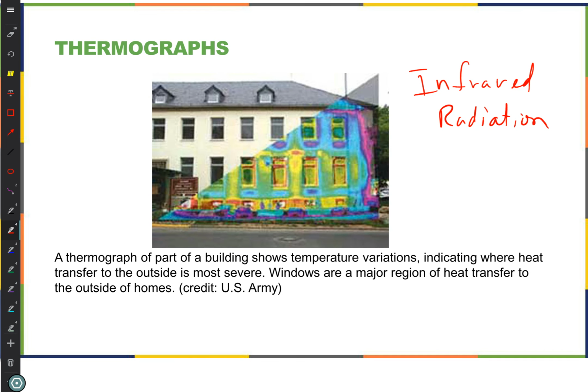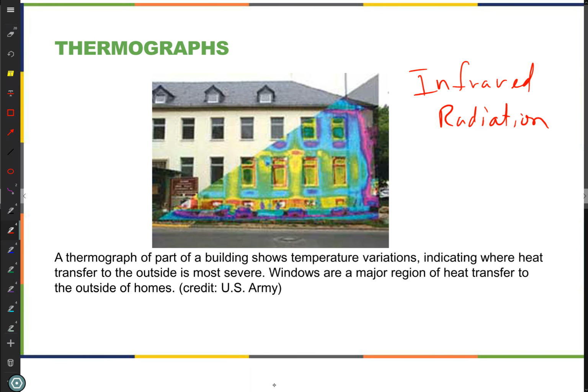And so that infrared radiation, you're giving off radiation right now. And if somebody uses a night vision scope, they can see you because they're seeing that infrared radiation you're giving off. And so this thermograph is taking that infrared radiation and calculating based on the peak frequency what the temperature is and giving you different colors for the temperatures. And so you can see, for instance, where more energy is escaping.